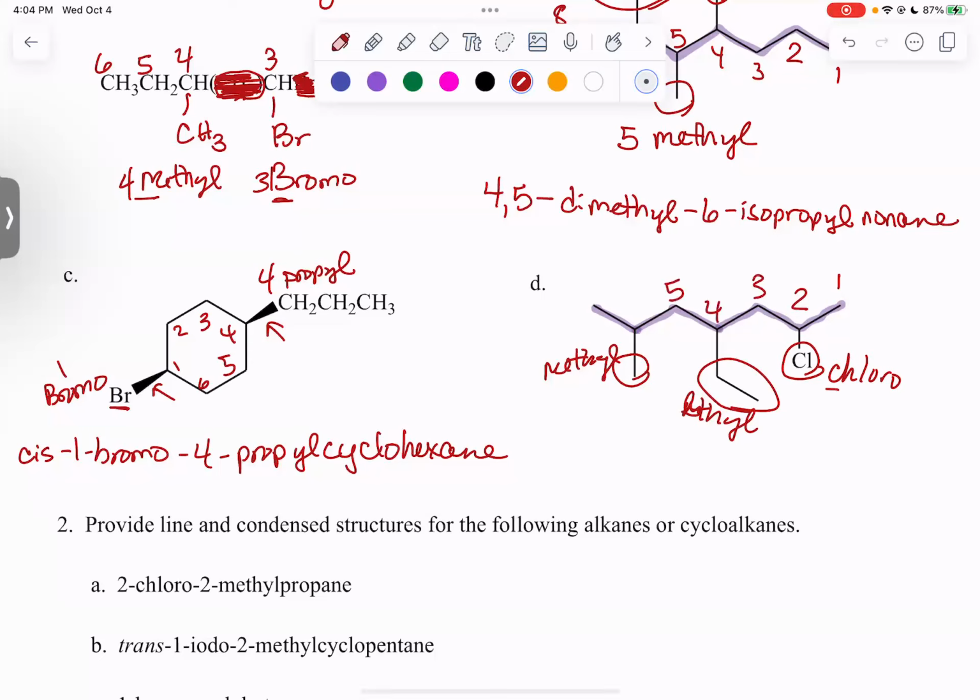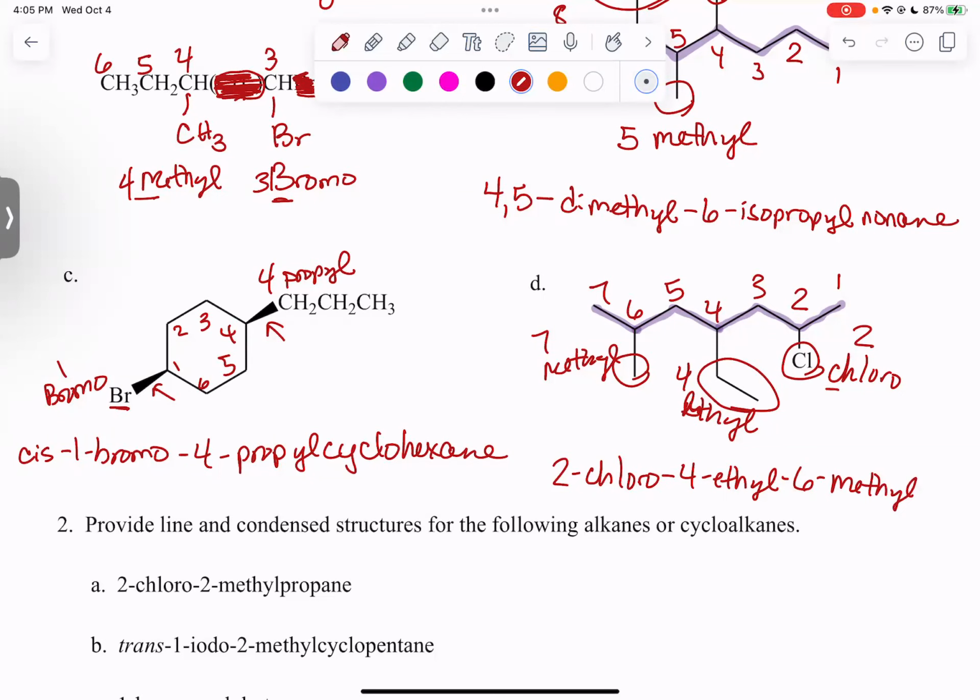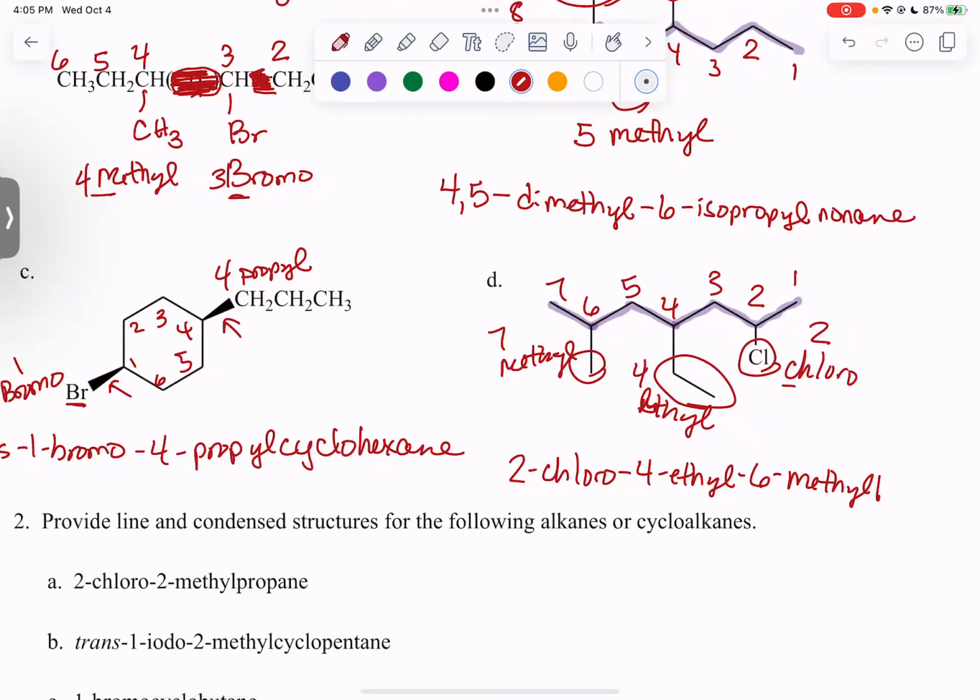So we have a chloro, a 4-ethyl, and a 7-methyl. Oh, not a 1-chloro, a 2-chloro. Okay, so we should be 2-chloro, 4-ethyl, 6-methyl, and then I'm running out of room. 7 is heptane.